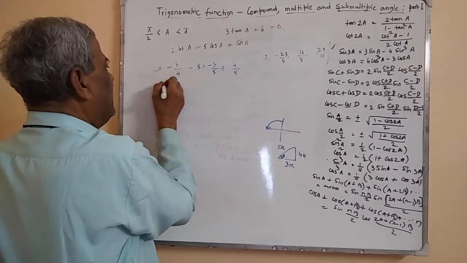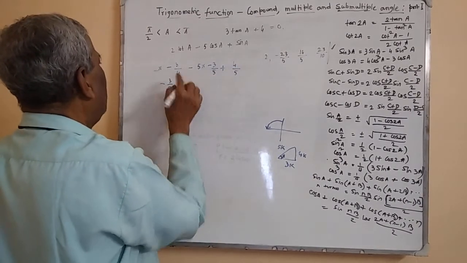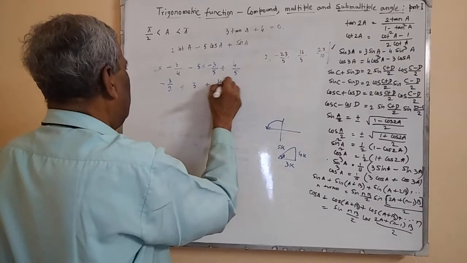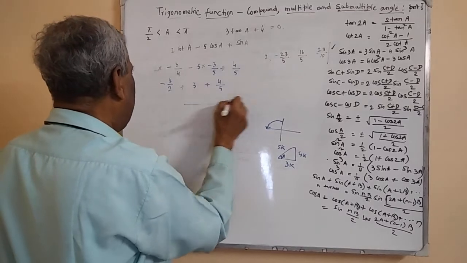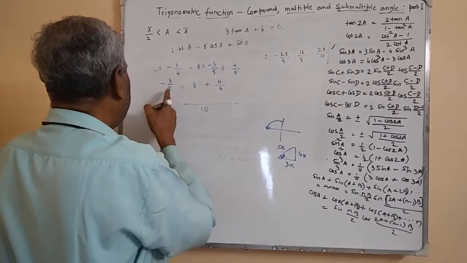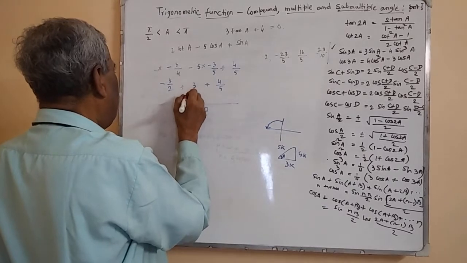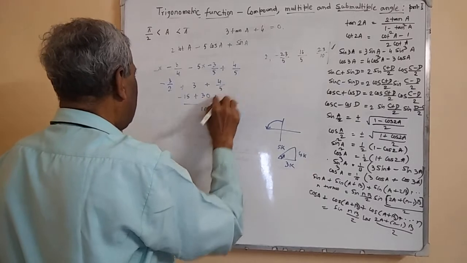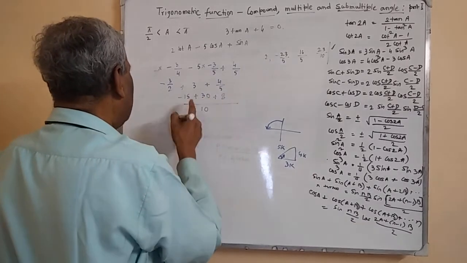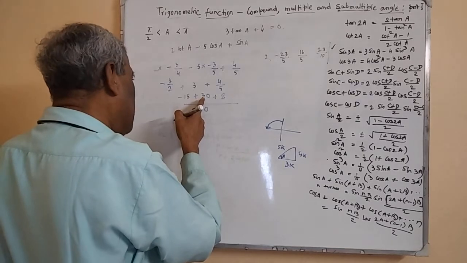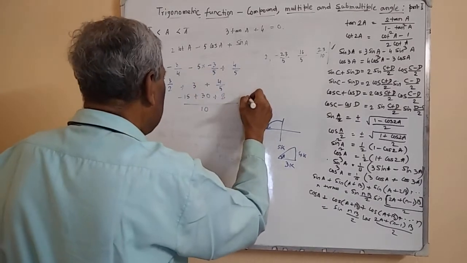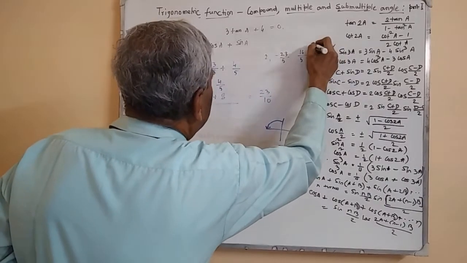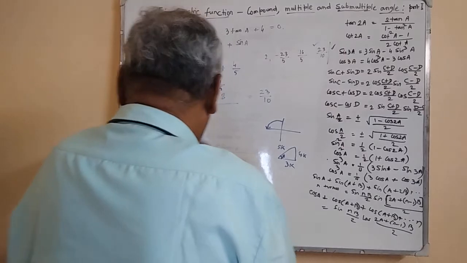So it is equal to minus 3 by 2 plus 3 plus 4 by 5. Now simplifying, 10 minus 15 plus 30 plus 8, so it is equal to 15 plus 8, 23 by 10. So the fourth option is correct.